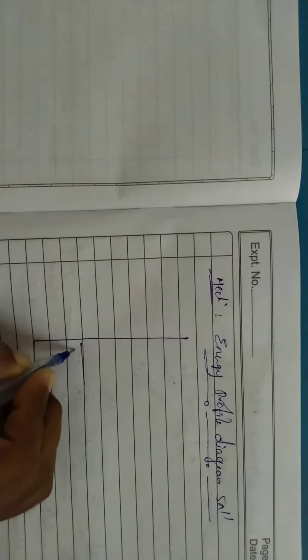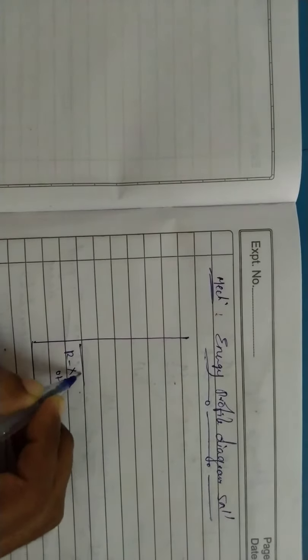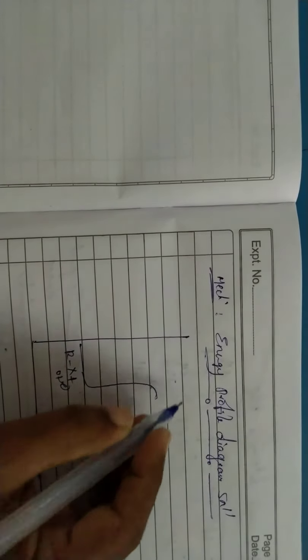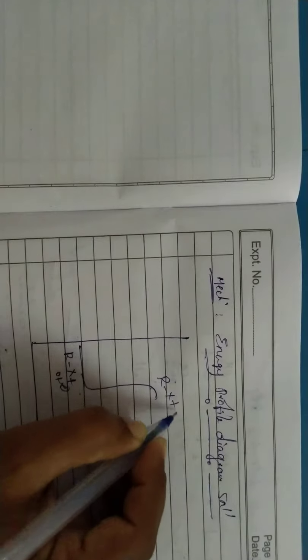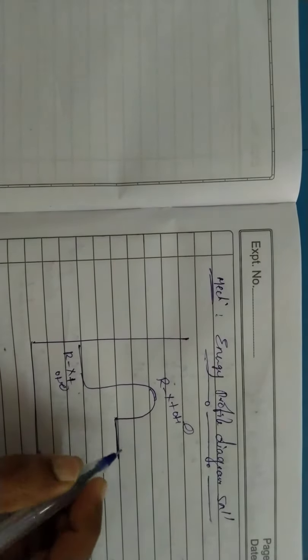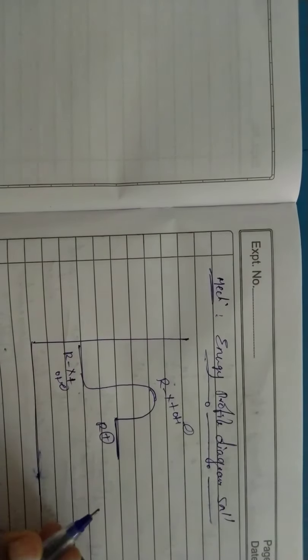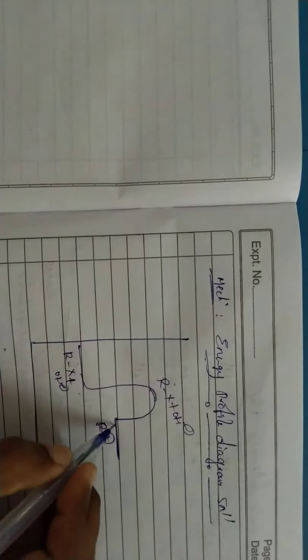So here we are having alkyl halides. When these alkyl halides react with the OH minus, first of all we are getting here the excited state, that is RX plus OH minus reacting with each other. Next we are getting the intermediate, that is R plus. R plus is nothing but the carbocation, it is the intermediate.